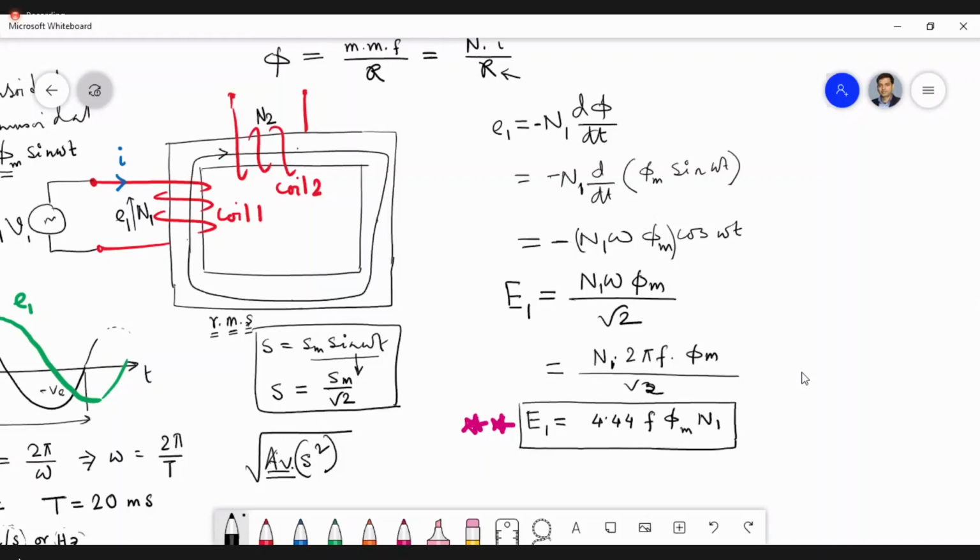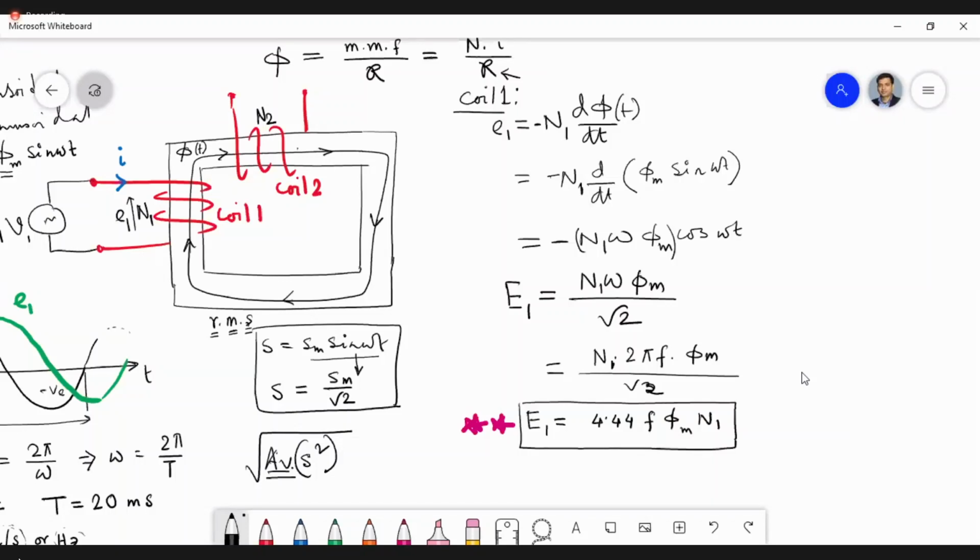This is the path of the magnetic flux phi. This is the path of phi t. So when the flux phi t is linking the first coil, coil 1, it is inducing a voltage E1 equals 4.44 f phi m into N1.